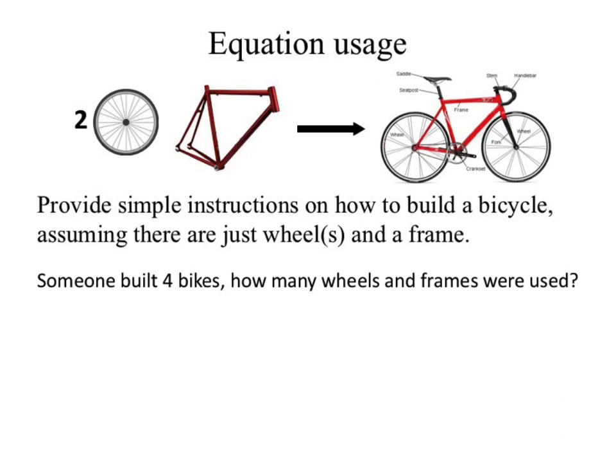So what is the work? How do we do this? Multiply everything by 4? Okay. What am I being asked to do? I want to know how many wheels. I also want to know how many frames. How many wheels from what? From bikes.